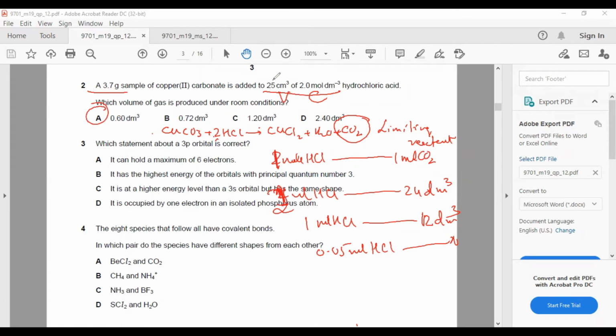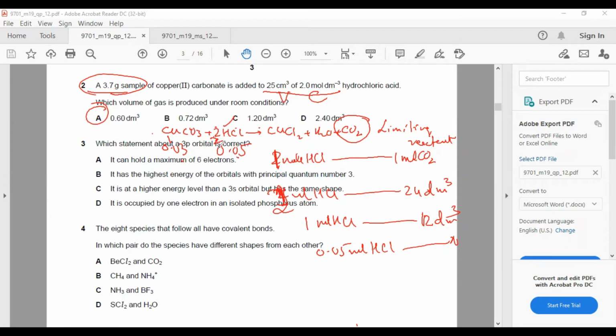Got it? Again, because you are given the number of moles of both reactants, you have to find the limiting reactant. Which one is the limiting? First find the moles of each reactant. We found copper carbonate was 0.03, HCl was 0.05. It means HCl is the limiting reactant because for 1 mole we need 2 mole, for 0.03 we need 0.06 HCl.